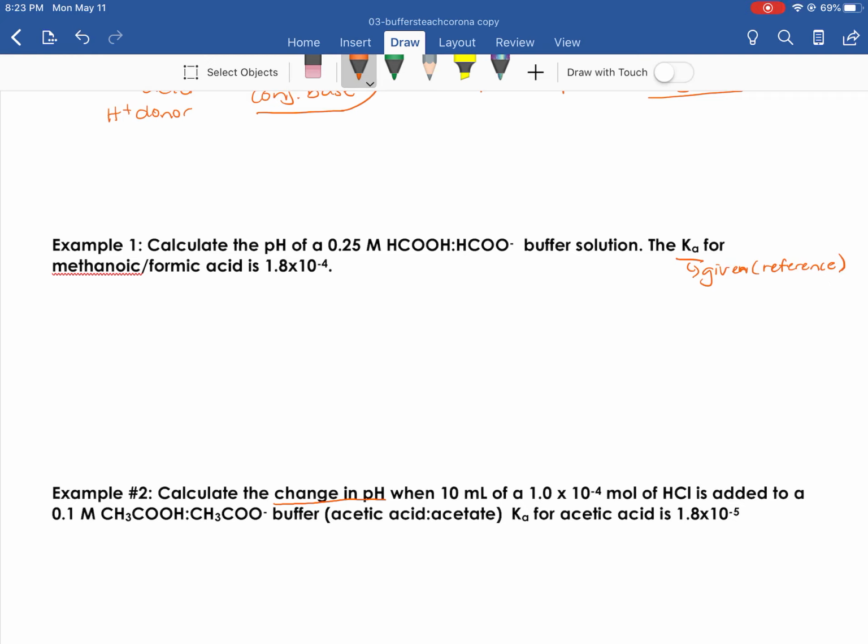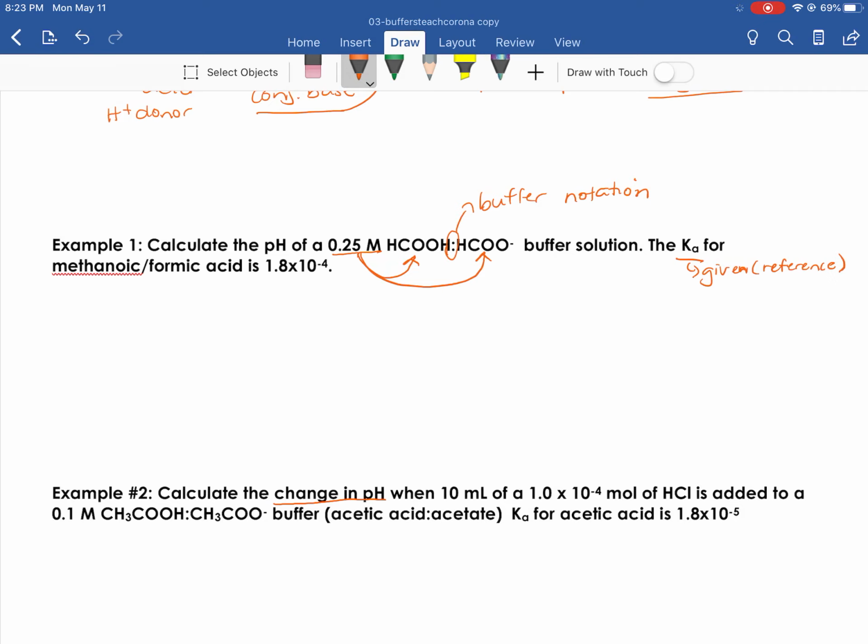So we have the pH of a 0.25 molar formic acid formate buffer solution. So this colon here is called buffer notation. And what it means is you have 0.25 molar of the acid side and its conjugate base side. You actually have both.